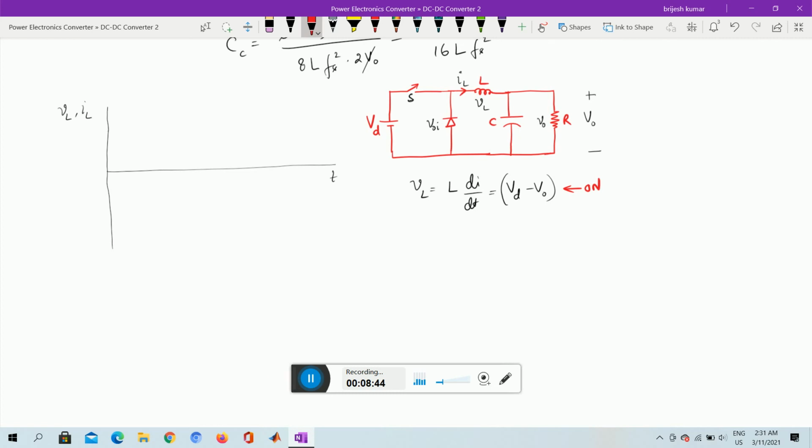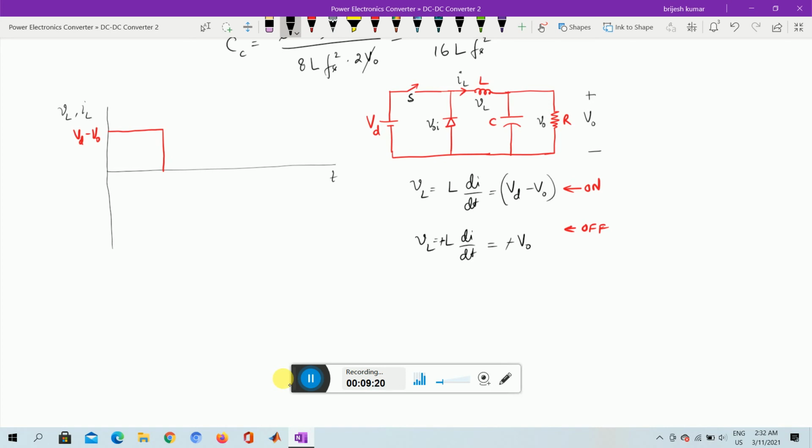So when the switch is on, you have the voltage over here, which is given by VD minus V0. And when the switch is off, the same VL will be given as L di by dt and is equal to minus V0. So this slope is also negative, so minus will be there.